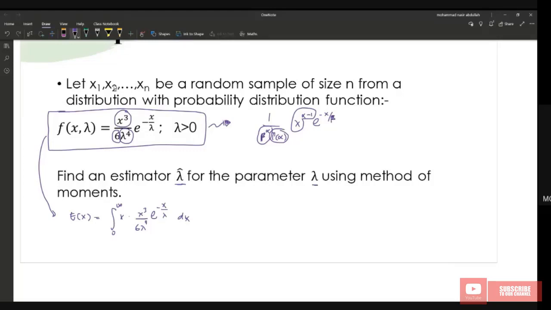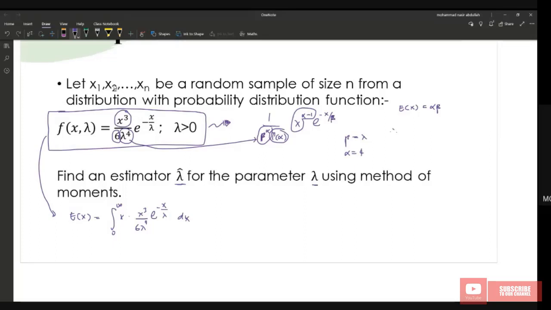So we know that from the gamma distribution, the expected value of x is equal to alpha beta, right? So from here, we know beta is equal to lambda, and alpha is equal to 4, right?